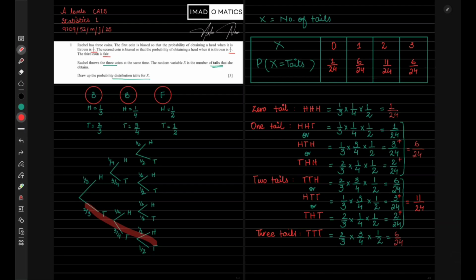Okay, so I just want to write them in decimal form also.